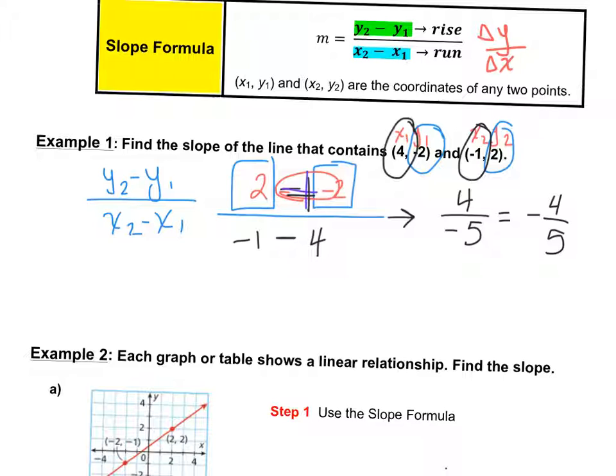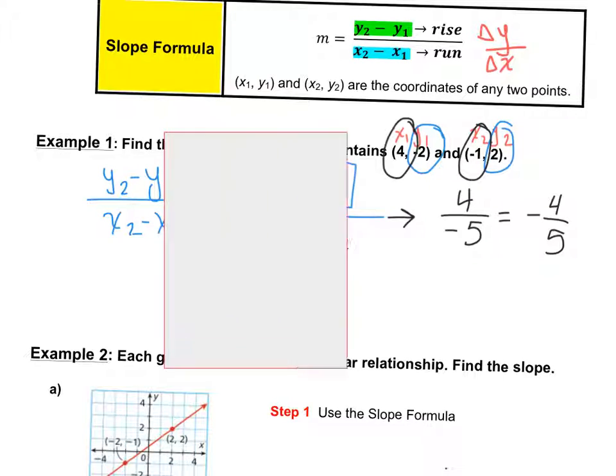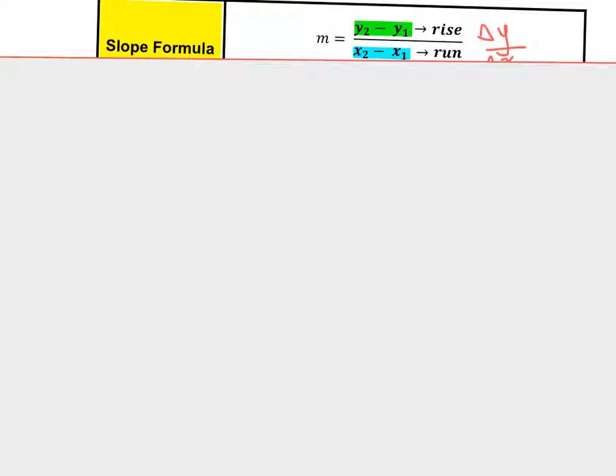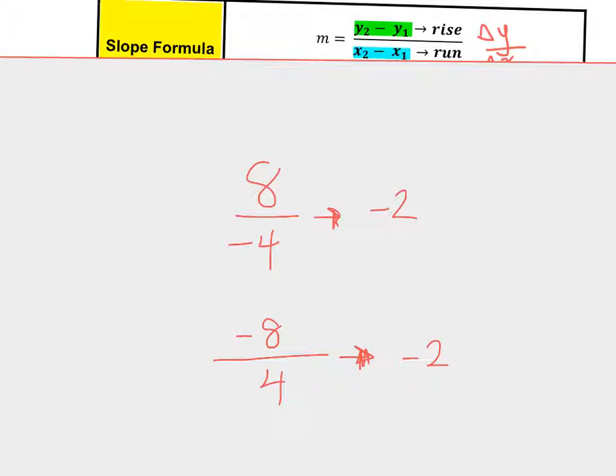Just as a quick aside, as a reminder in rules, if I had a number like 8 and I divided it by negative 4, that's going to give me the value of negative 2. If I have negative 8 and I'm dividing it by positive 4, that's also going to give me the value of negative 2. And even if I had the negative of 8 divided by 4, that's going to give me the value of negative 2.